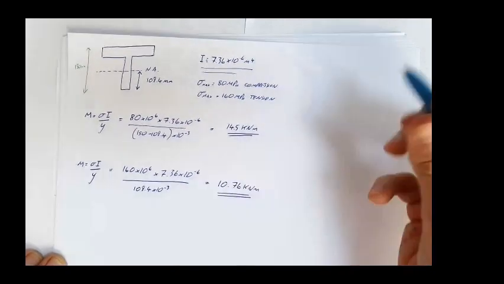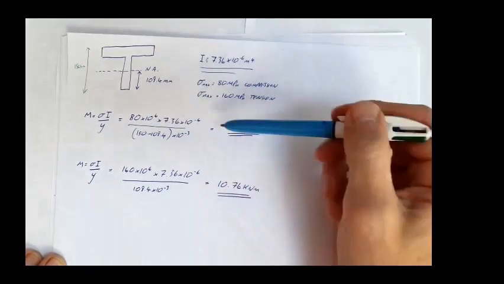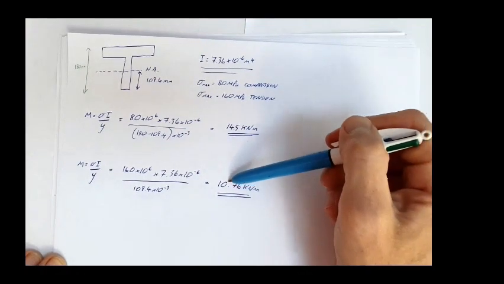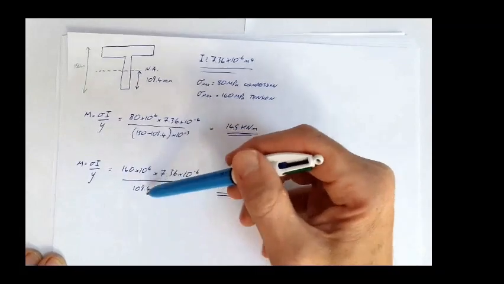So if we carry that moment, we will see 80 megapascals on the top surface. And if we carry that moment, we will see 160 megapascals on the bottom surface.